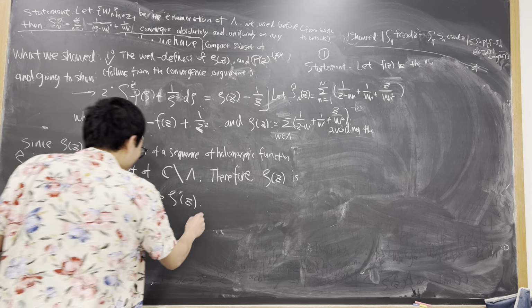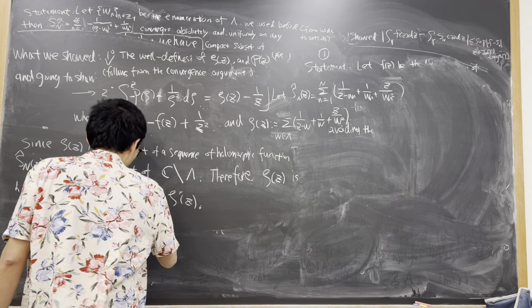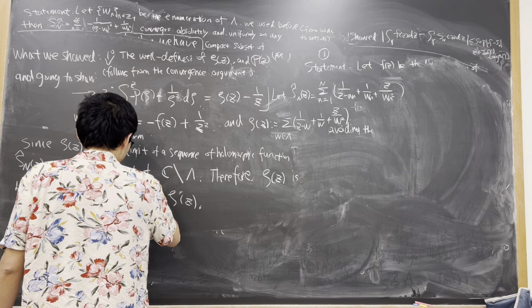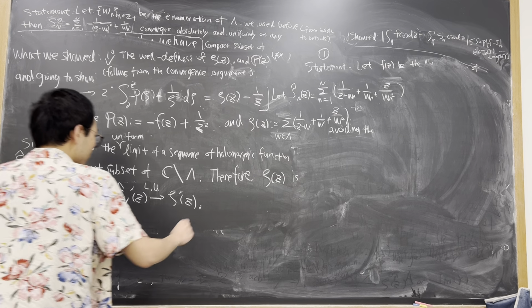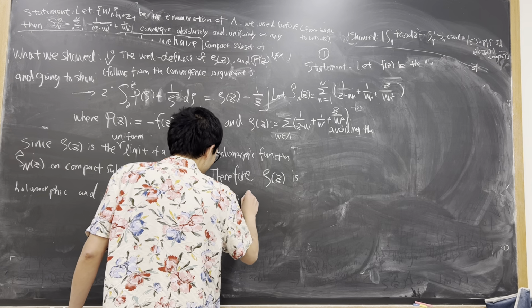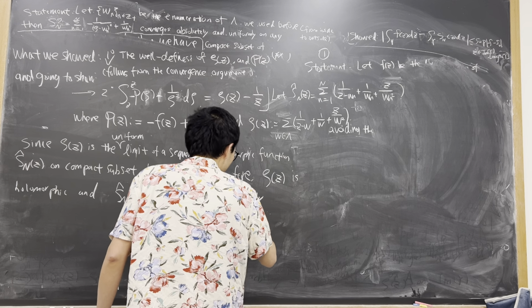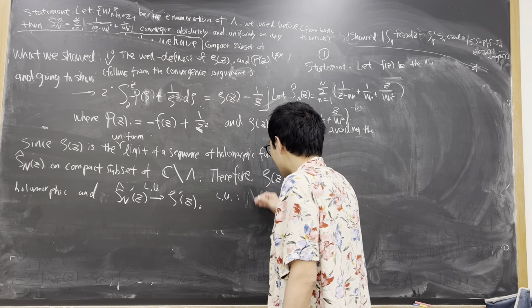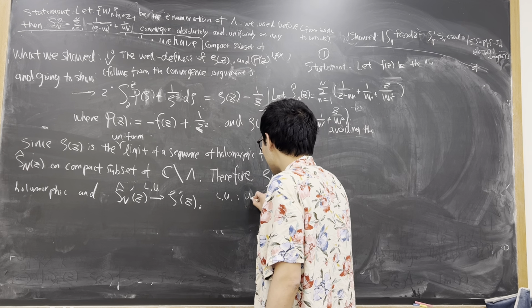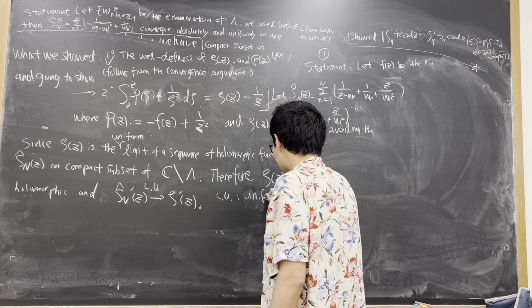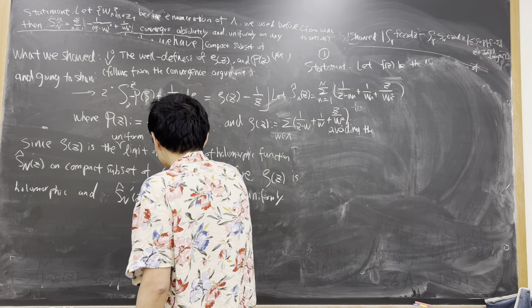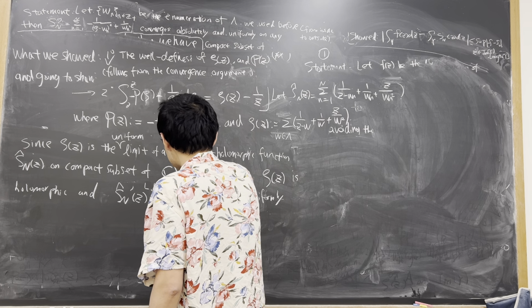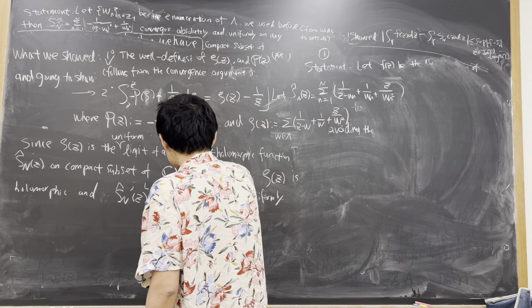And also locally uniformly, right? So LU means locally uniformly. So locally uniformly is like uniformly on compact subsets. Okay. Locally uniformly, let's say on this C minus this wedge.